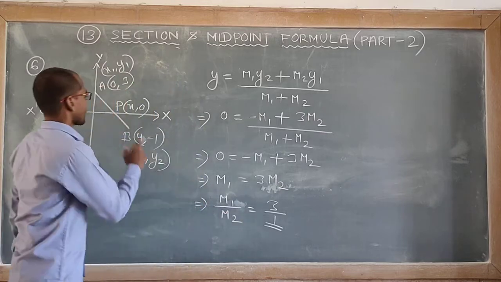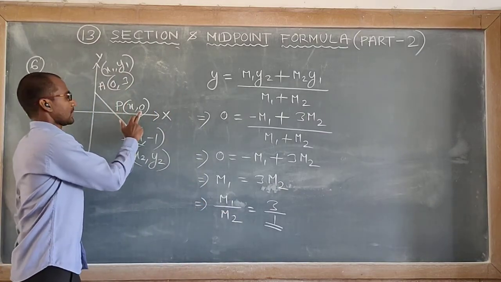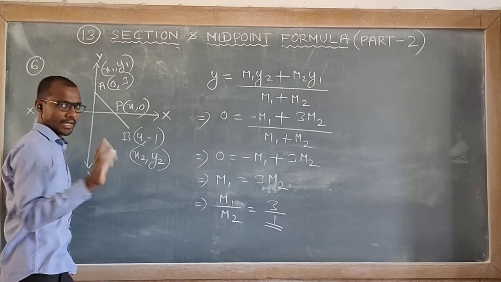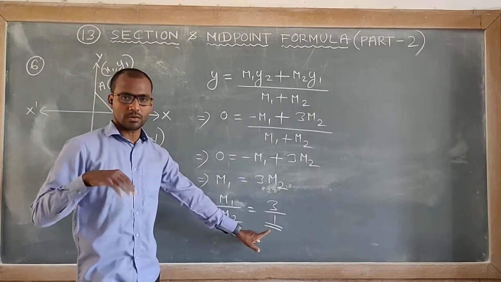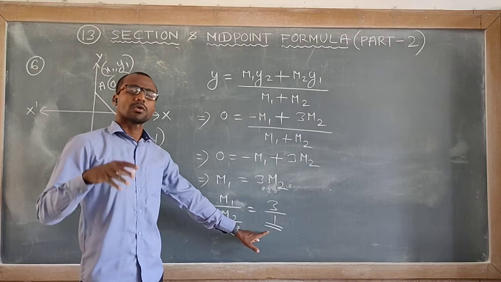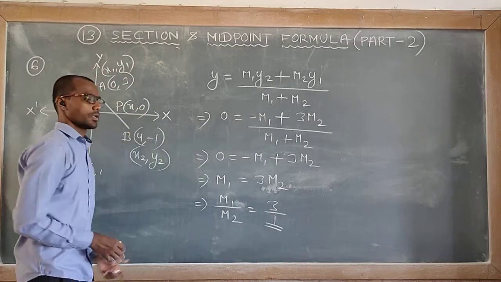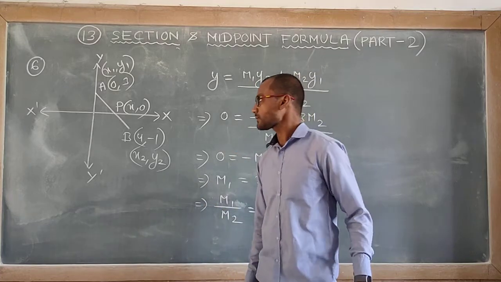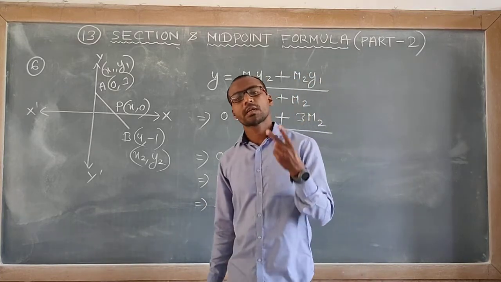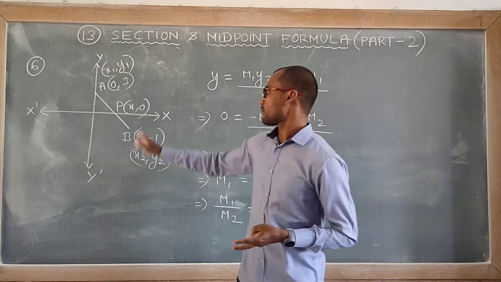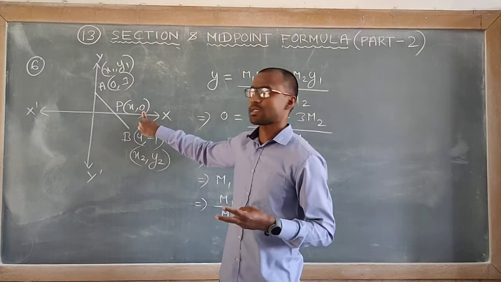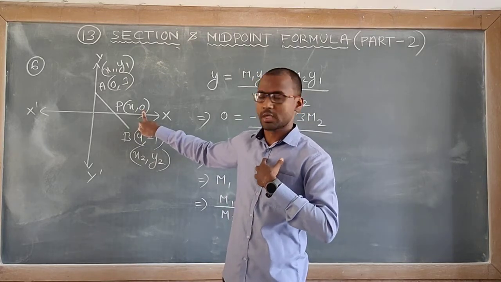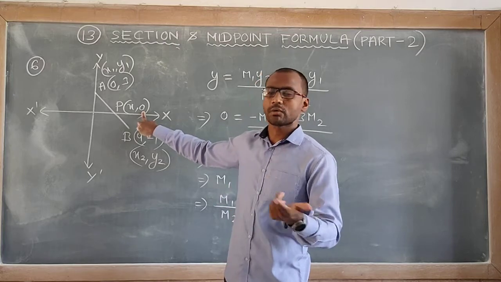Now we have to find the coordinates of point P. Y coordinate is known to us. Simply we have to find the x coordinate. Now we have the ratio, so easily we can find the x coordinate. Whenever you get a question like this, one coordinate will be given, the other will not. Here y was actually not given, we found it out, since it lies on the x-axis, so the y coordinate is 0.